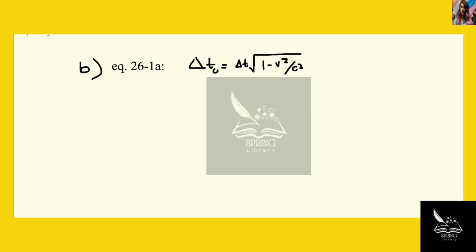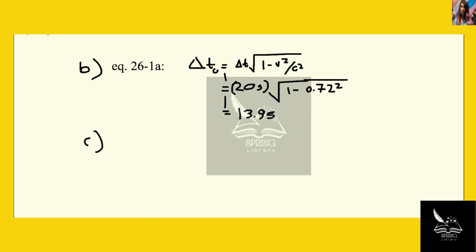Here we're noting that 20 seconds pass on your own watch, and if your frame is a moving frame, then the proper time will actually just be delta T naught. So delta T will be 20 seconds multiplied by the square root of 1 minus, again, 0.72 squared. And this works out to 13.9 seconds. So as expected, on her watch, she's moving close to the speed of light, time will move slower.